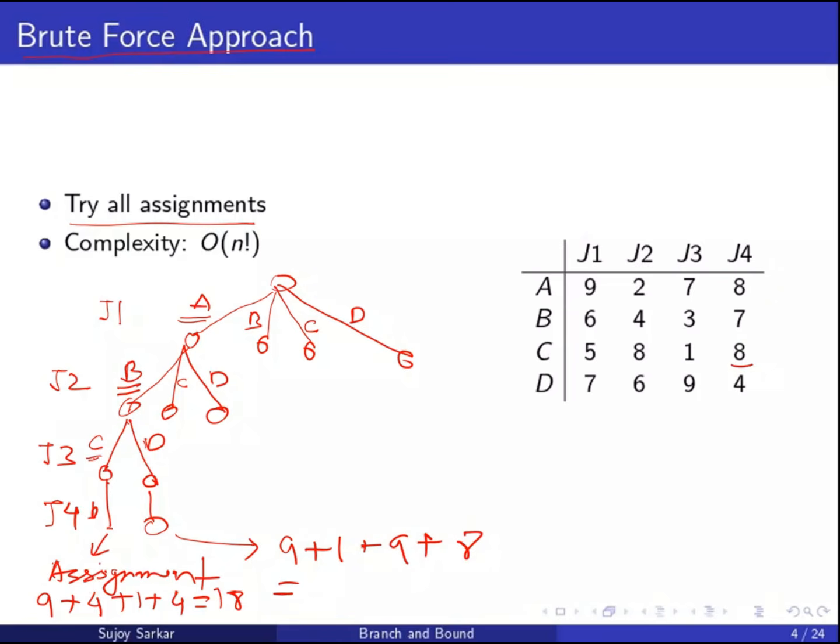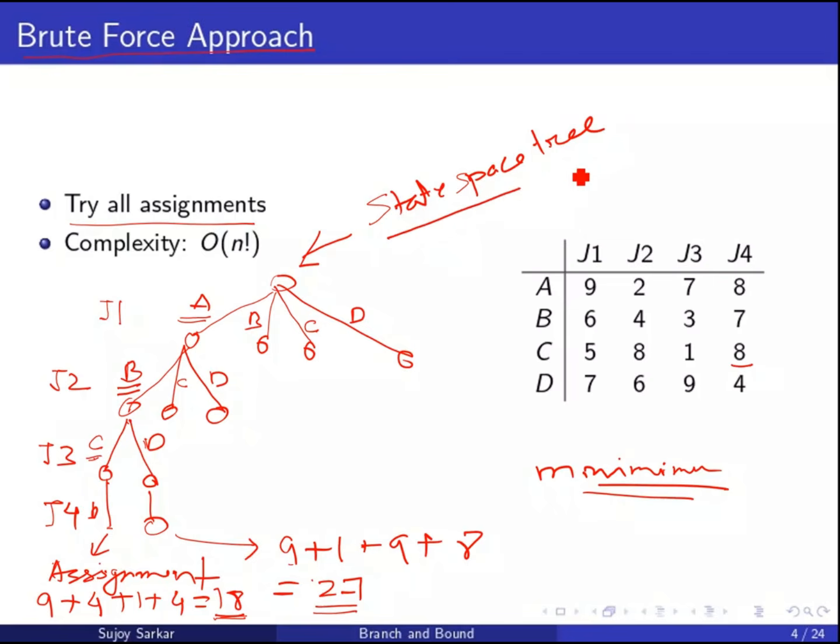So it will cost 27. So you can see the previous assignment is lesser cost than this one. Like that, every path will represent one assignment. We need to search this and find the minimum cost solution. And this tree we are calling a state space tree.